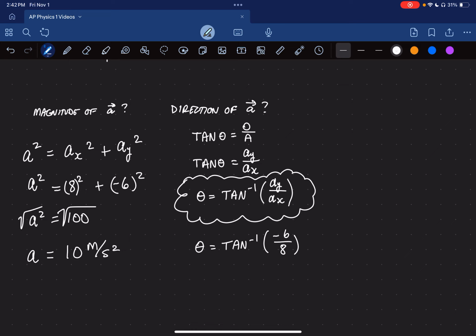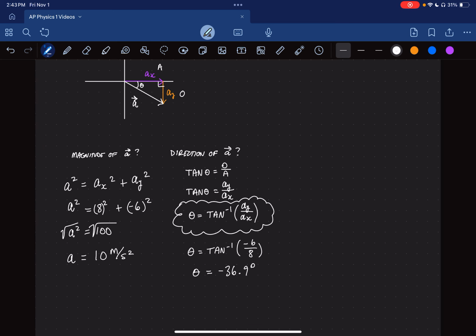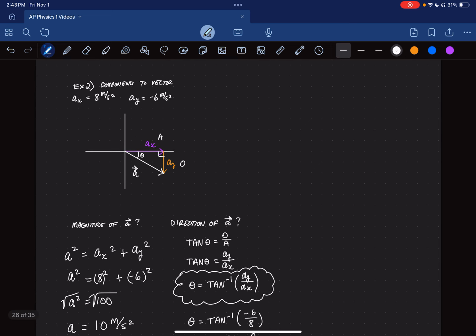Just typing this in the calculator. I get an angle of -36.9 degrees, which makes a lot of sense because from the positive x-axis we go in this direction, that would be a negative angle. Again, don't box it in, that's not the final answer.